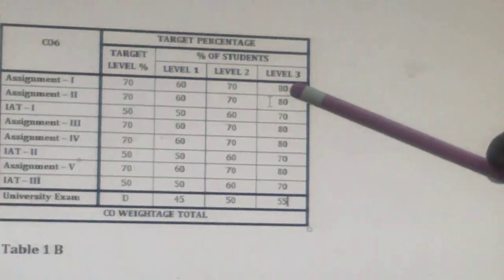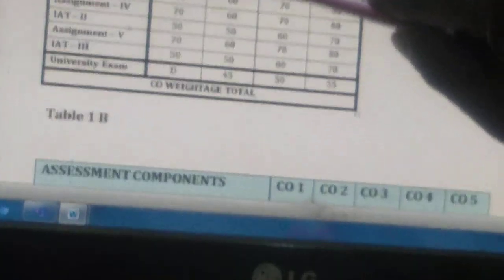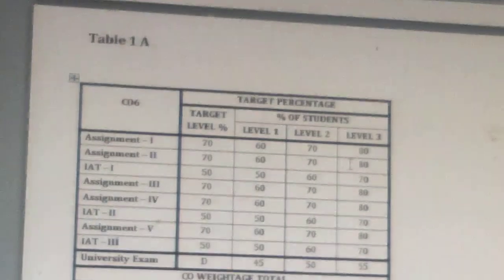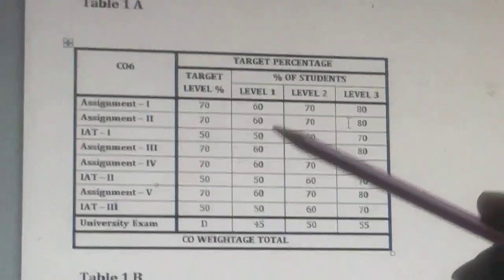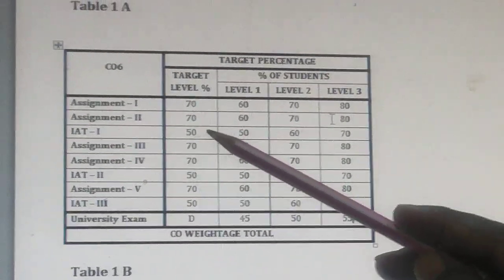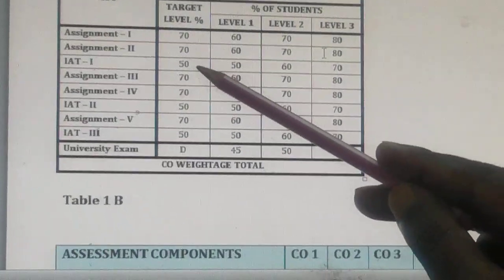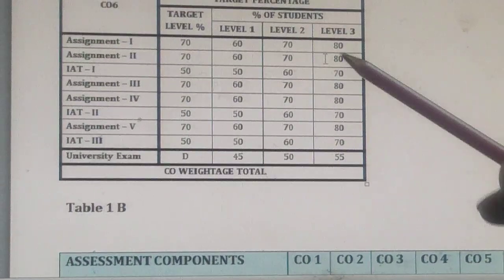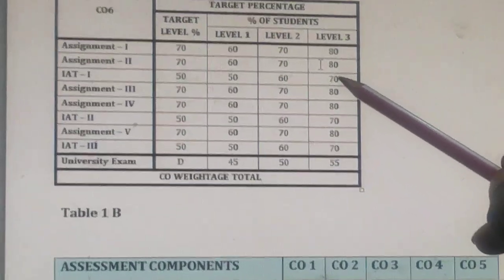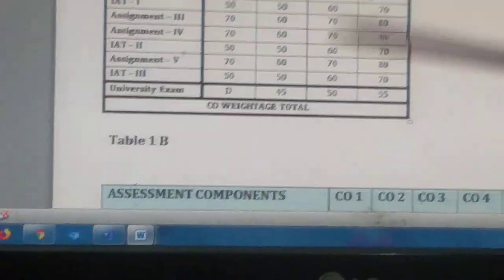If 80% of the students in my class have reached 70% marks in assignment 1, it is level 3. Similarly, 50% of the students reaching 50% marks in IIT 1 is level 1, 60% of the students reaching the target of 50% marks in IIT 1 is level 2, and if 70% of the students have reached 50% marks, the level is 3.